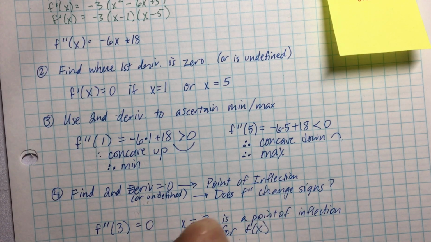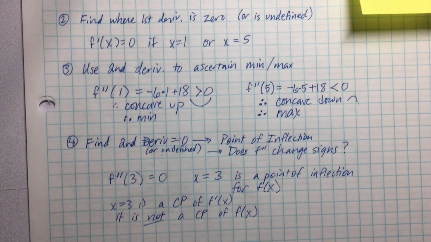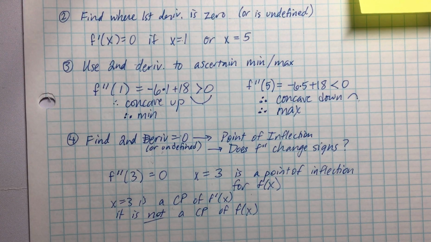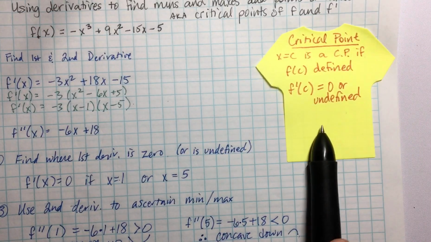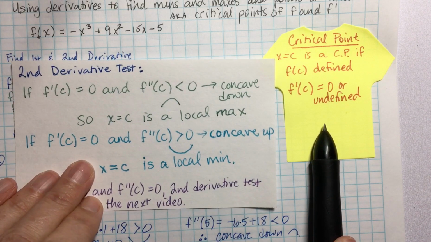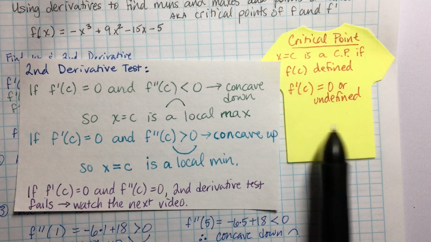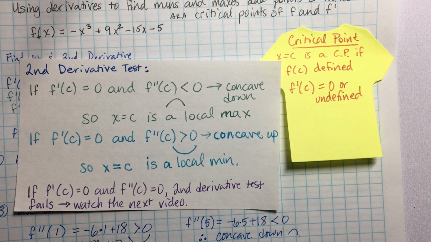It is not a critical point of f of x. So that's something we have to really watch for. It gets a little confusing, and this will get better as you work with it. So the things to keep in mind are the definition of critical point and also our second derivative test. So watch the next video to see what happens when the second derivative test fails.